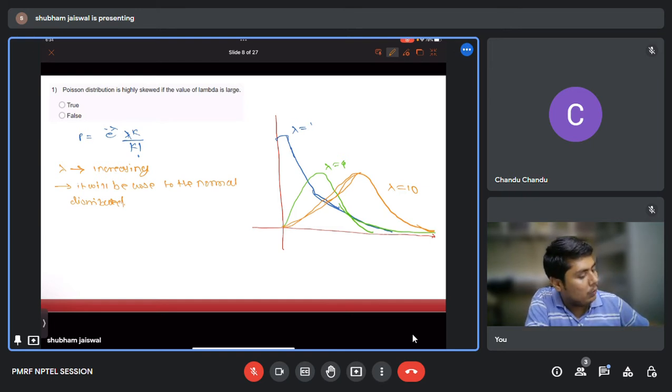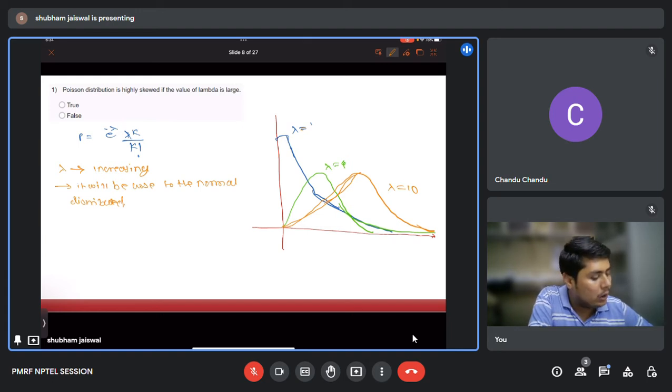So we can see from this figure that when lambda is equal to 1, most of the data is near to 0, and as our lambda is increasing, it is moving to our right side. But it will not be skewed as lambda is increasing. As we can see here, it will be close to the normal distribution. So in Poisson distribution, when lambda increases, it will be close to the normal distribution.